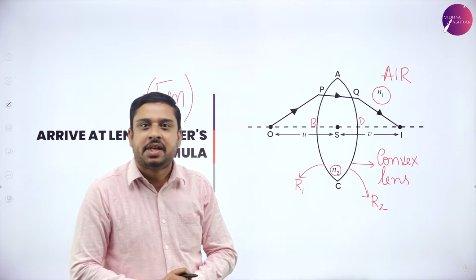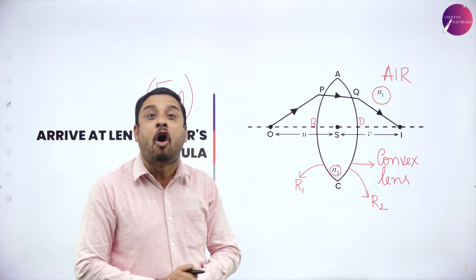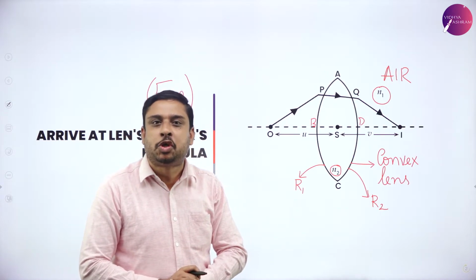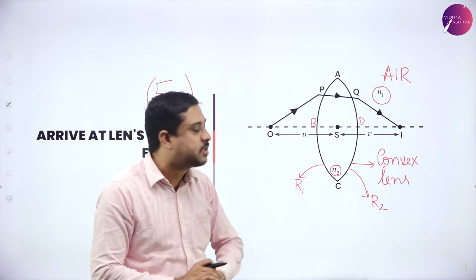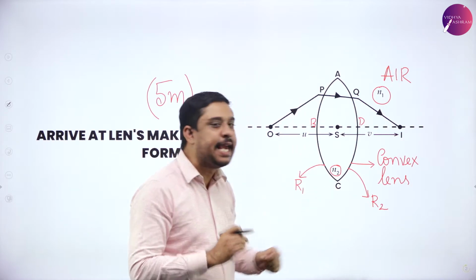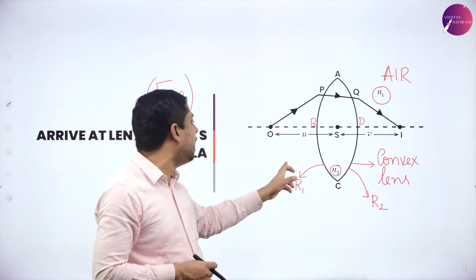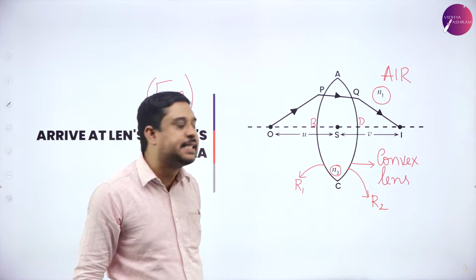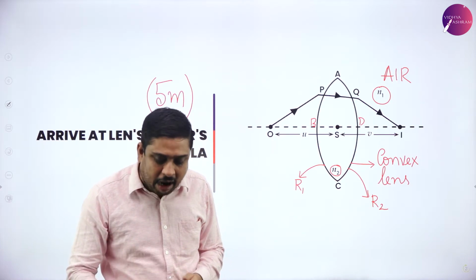So what is the nature of the lens? Convex in nature. Two refracting surfaces: ABC with radius of curvature R1, ADC with radius of curvature R2.